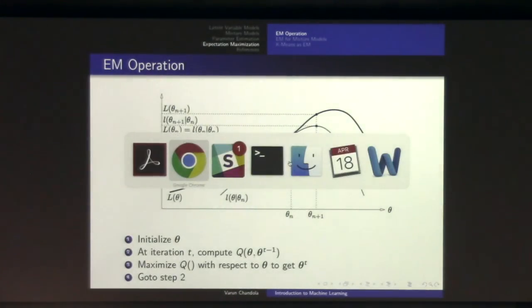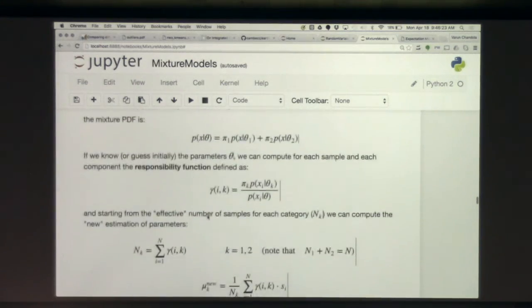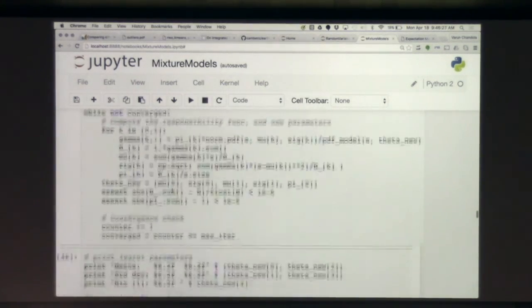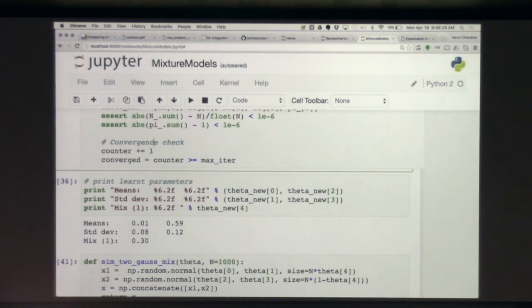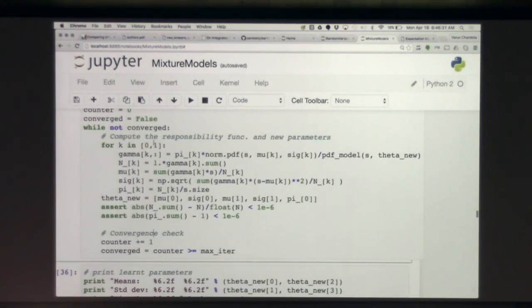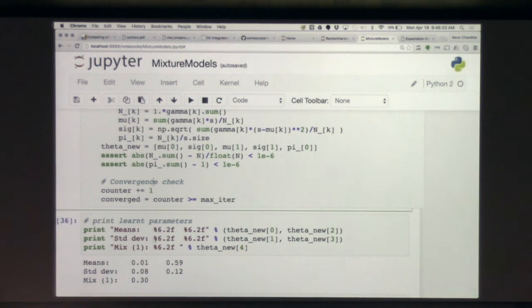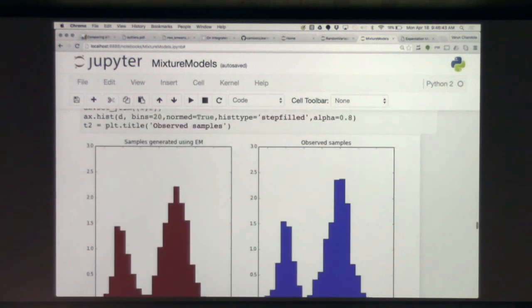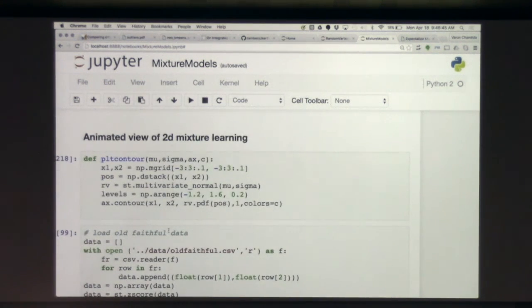If you're interested, you can look at the notebook, where I have implemented EM for the one-dimensional case, and this is what you learn. This approximates the real values very well. Next time we are going to look at it, and we are also going to look at how to do it for two-dimensional data as well. Any questions so far?